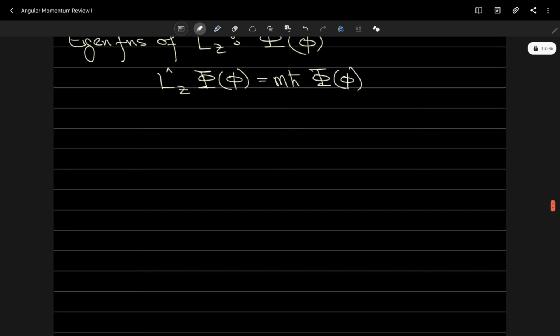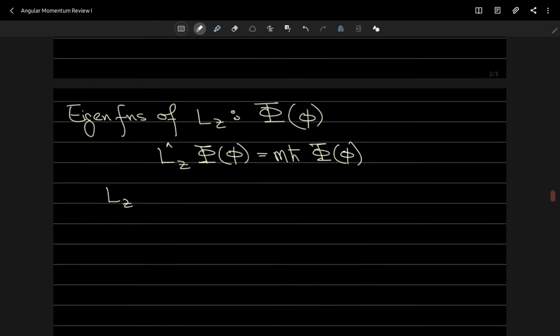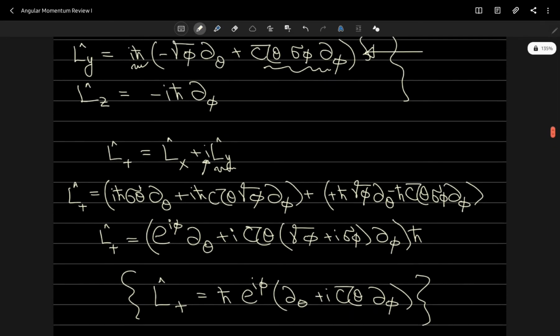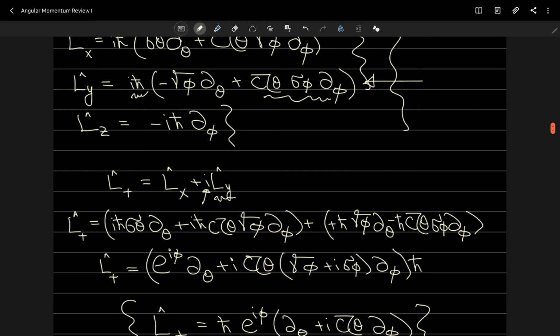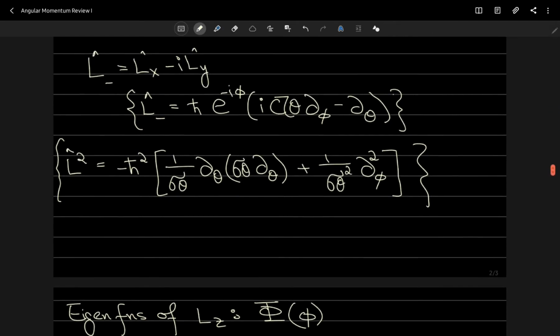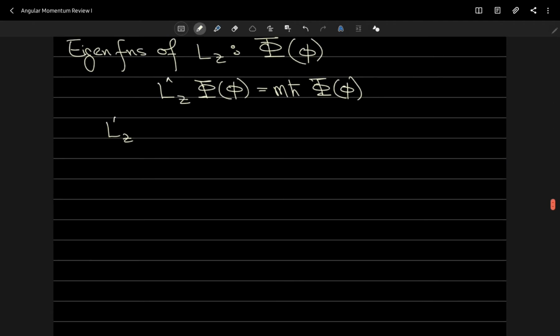Now quickly recall that we just said Lz from here, this thing, this is our Lz, which is negative iota h bar partial derivative with respect to phi.